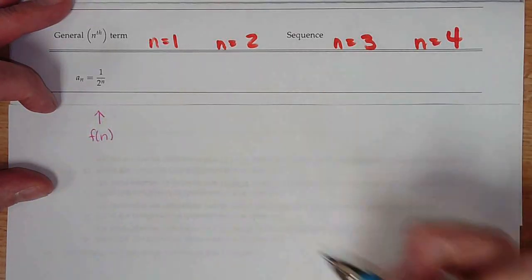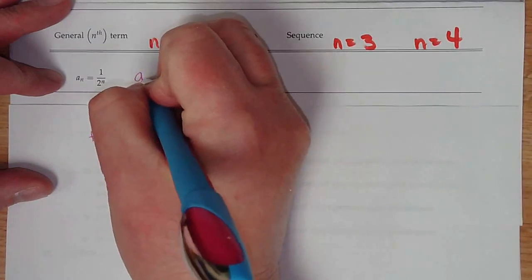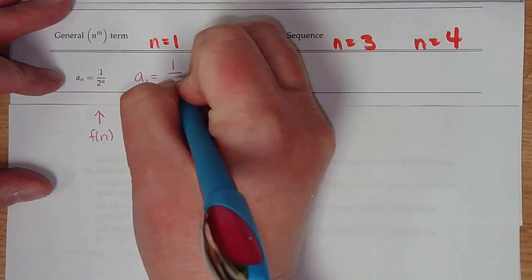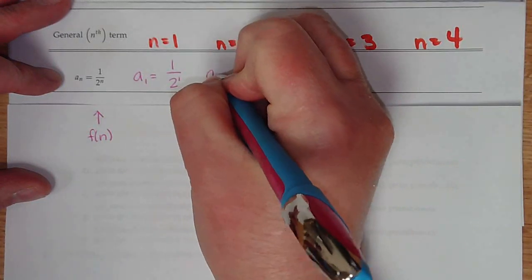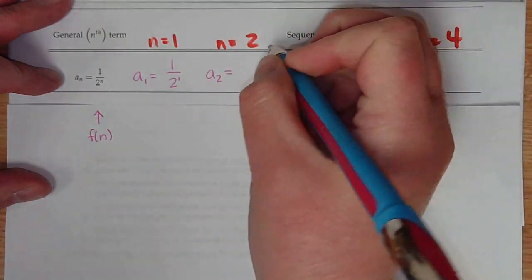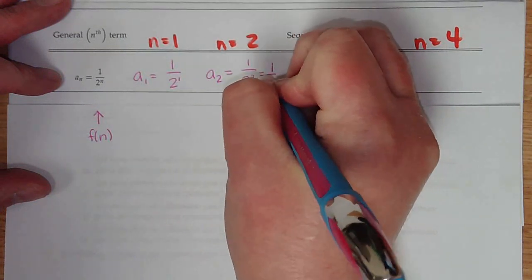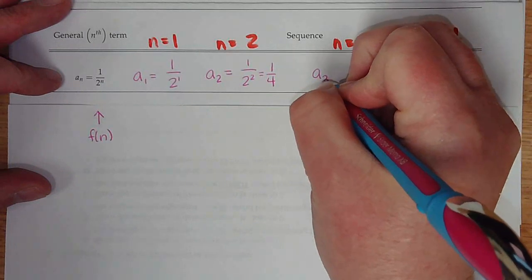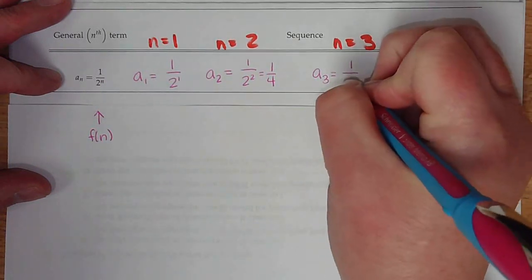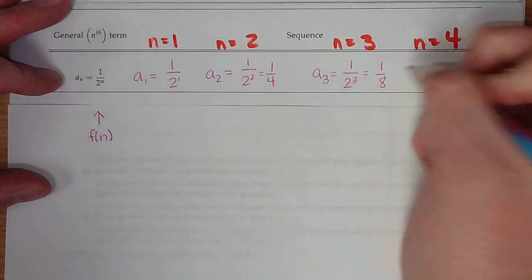There's our function. So if n is 1, we get a1 is equal to 1 over 2 to the first. If n is 2, I get a2 is equal to 1 over 2 squared, which is a fourth. When n is 3, I have a3 is 1 over 2 cubed, so 1 over 8.